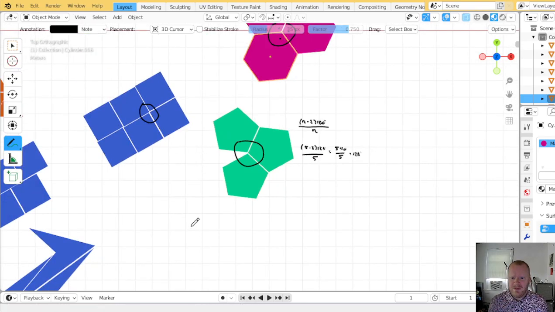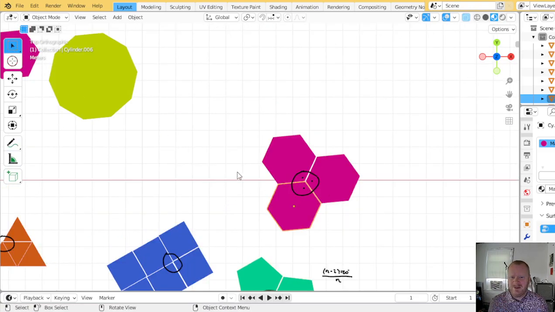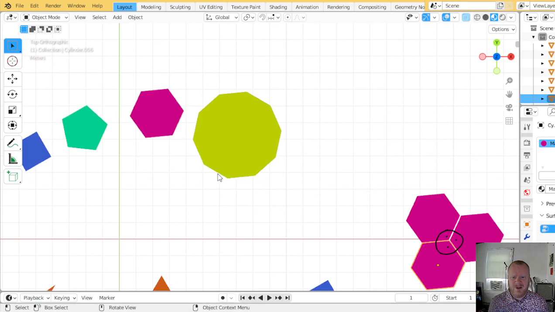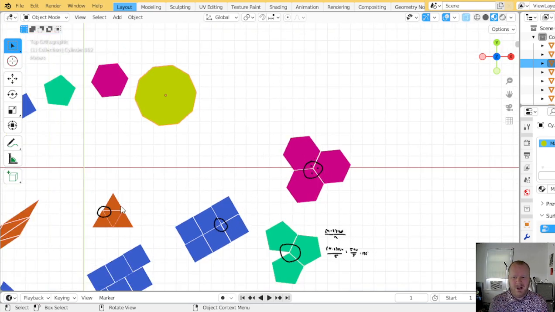So we can use that fact to talk about, is it possible to have some other shapes here? So I've got like a 10-sided figure. Is it possible to have regular tilings other than triangle, square, and hexagon?